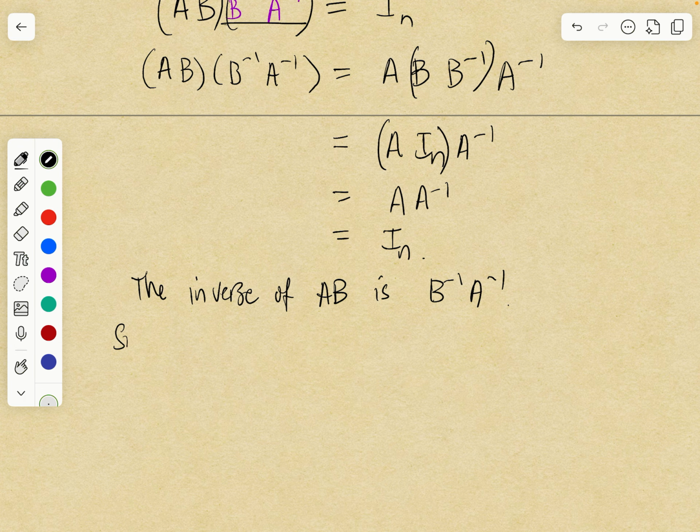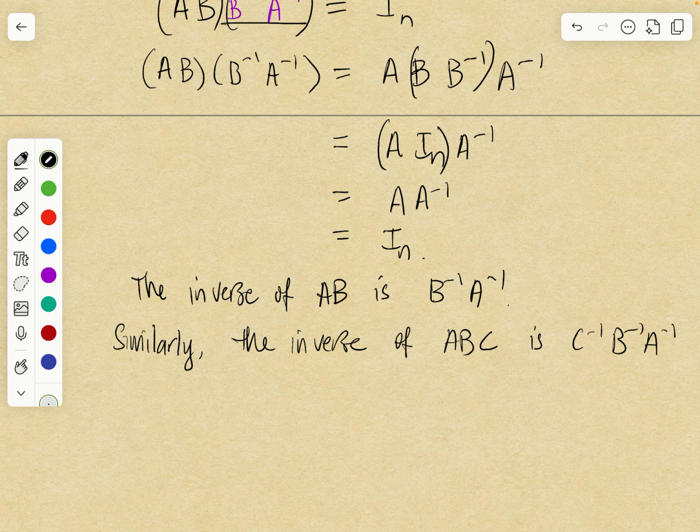And similarly, the inverse of ABC, again assuming that C is invertible, is C inverse B inverse A inverse, and so on. Of course, if C isn't invertible, there's no C inverse to begin with, right? So in order for this sentence to make sense, we're assuming that C is invertible.